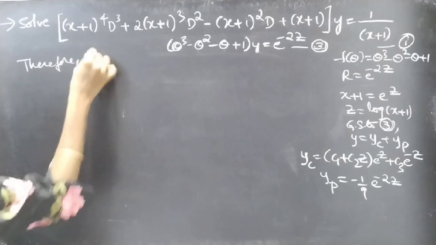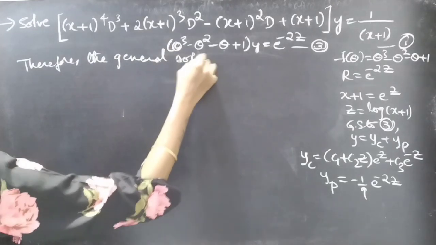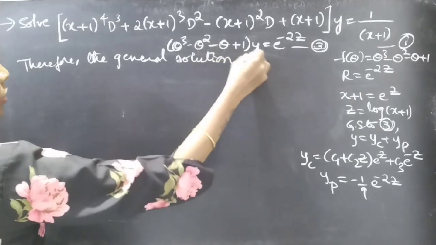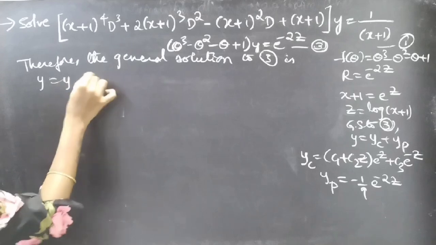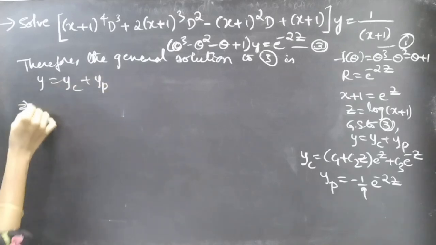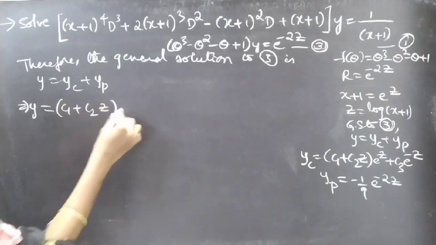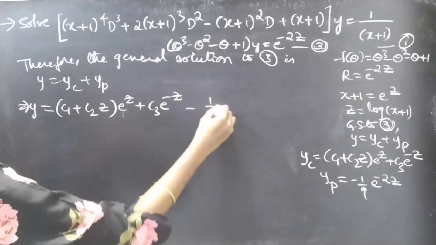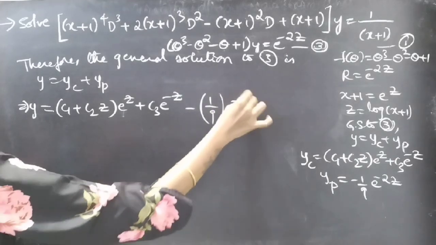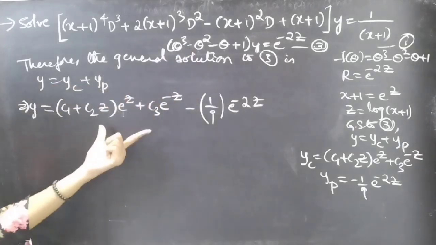Therefore the general solution to equation 3 is given by y equal to yc plus yp. Then y equals, for yc, we have (c1 plus c2 z) into e power z plus c3 e power minus z, plus yp, minus 1 by 9 e power minus 2z, which is in terms of z.